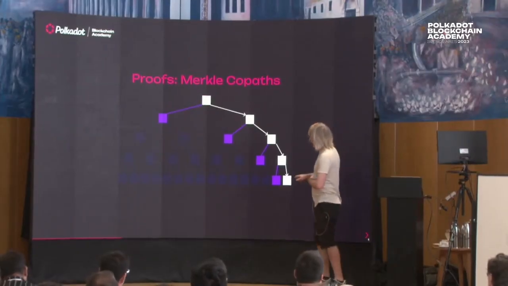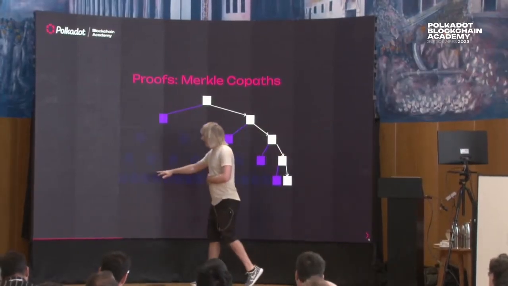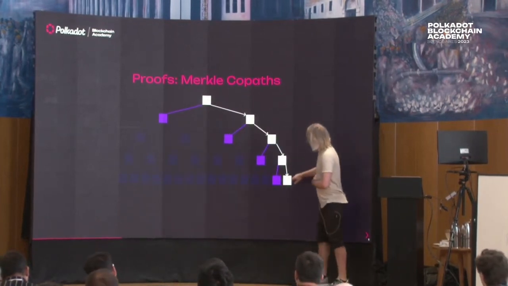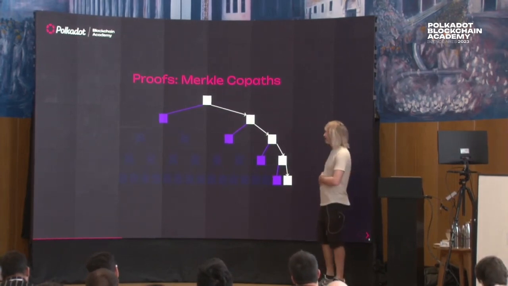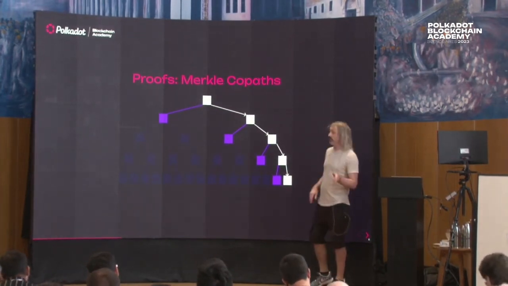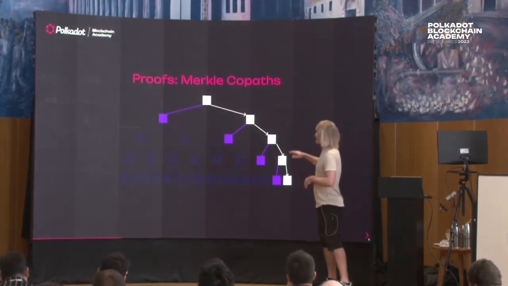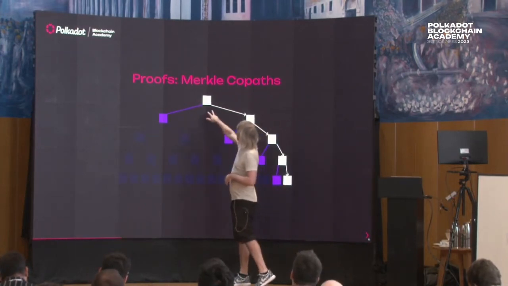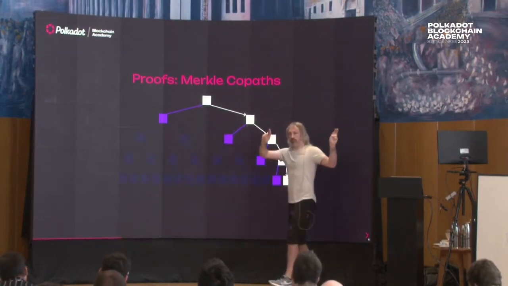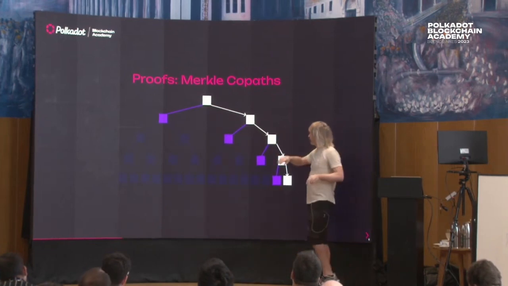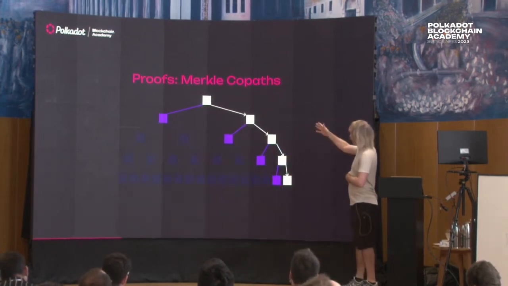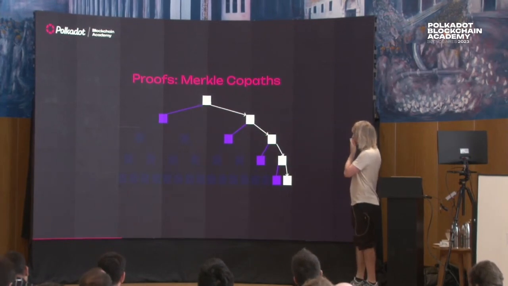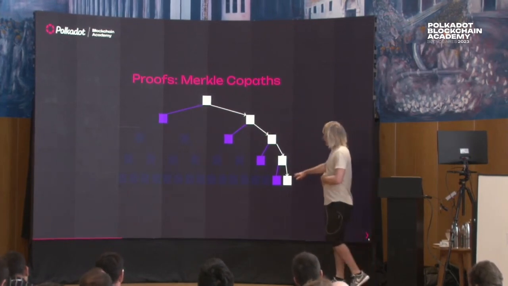Much better would be if we only needed to give them a subset of the tree. And it turns out you can do so just by giving log n, in this case order log 2, of the nodes. It's actually 2 log 2 minus 1.